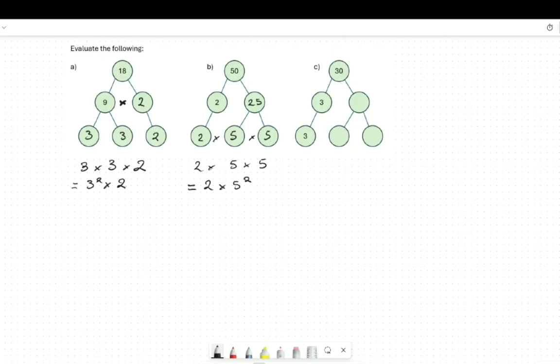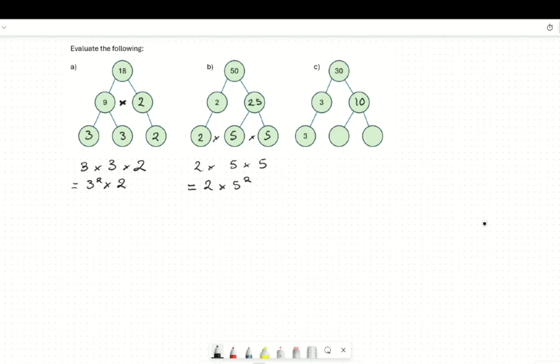Alright, the last one we're going to look at for this type of question is the prime factorization of 30. We start off by breaking it down by 3. So 30 divided by 3 gives us 10. We can't break down 3 anymore, so we just bring it down.